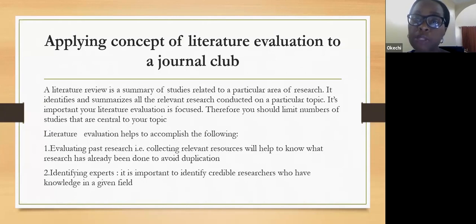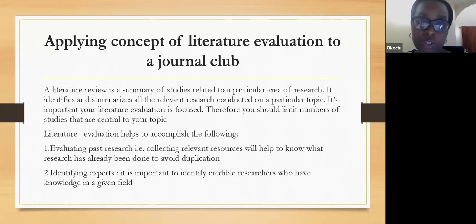Applying the concept of literature evaluation to a journal club. We have been talking about literature, and so you can't separate it from talking about literature review. The literature review is a summary of studies related to a particular area of research and identifies and summarizes all the relevant research conducted on a particular topic.